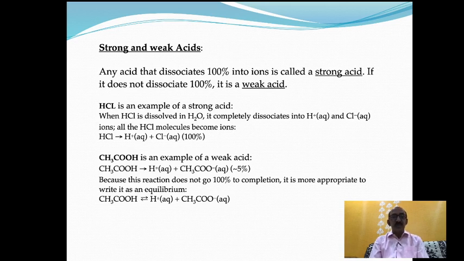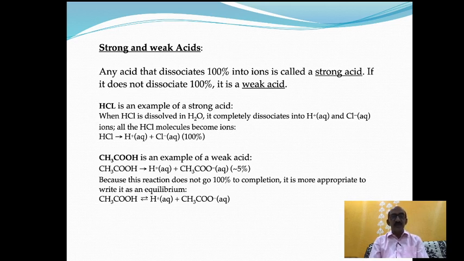So, most of the CH3COOH remains in undissociated form and only about 5% is in dissociated form, that is H plus and CH3COO minus, and approximately 90% is CH3COOH, the undissociated form. Therefore, it is called a weak acid.